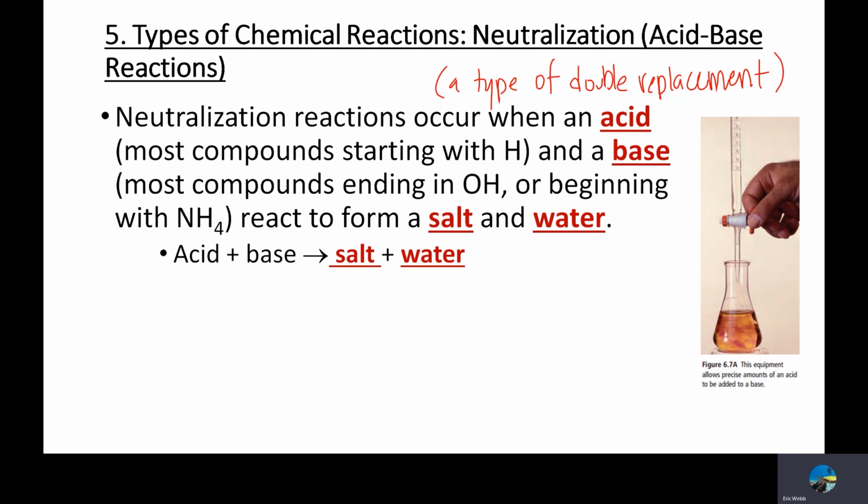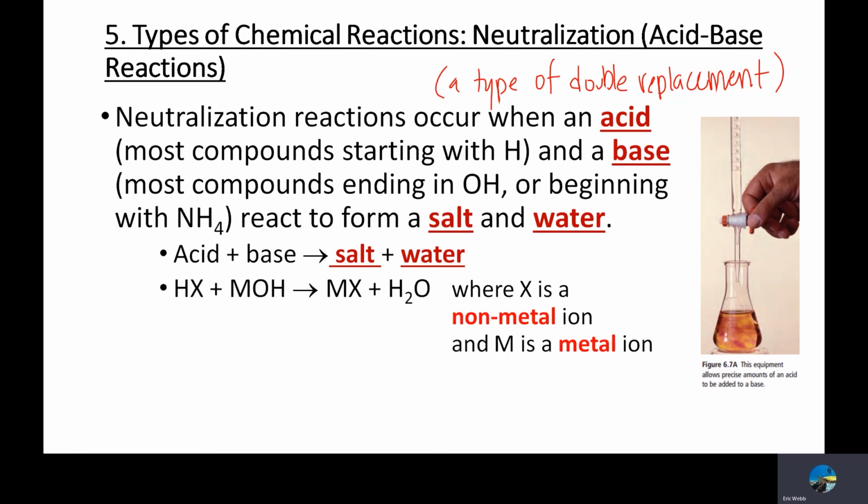Salt can be classified as any ionic compound. So we've got an example reaction here with HX. HX has a hydrogen, that is our acid, and MOH. MOH has hydroxide, that is our base. They react together and form compound MX. MX is going to be a type of salt, and we'll have some water.